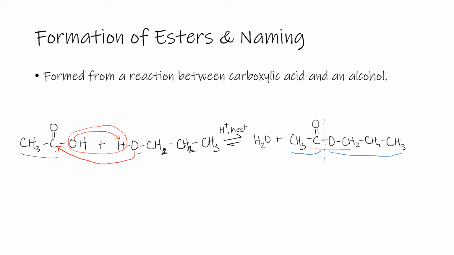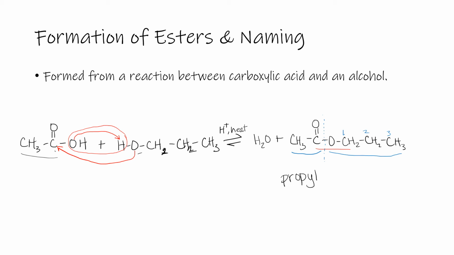Now you're going to name the alcohol part first, and you do that by just counting up the carbons. So in the alcohol we have 3 carbons here, and 3 carbons, prop would be the prefix for that, and so we're going to name that as a propyl group.